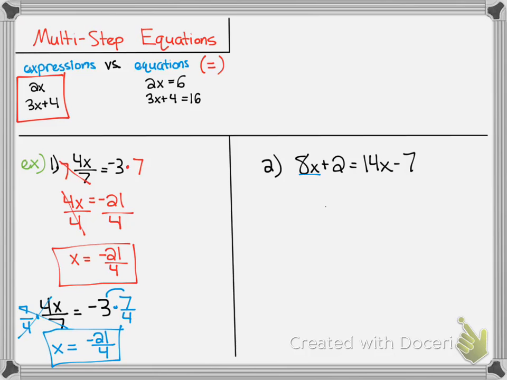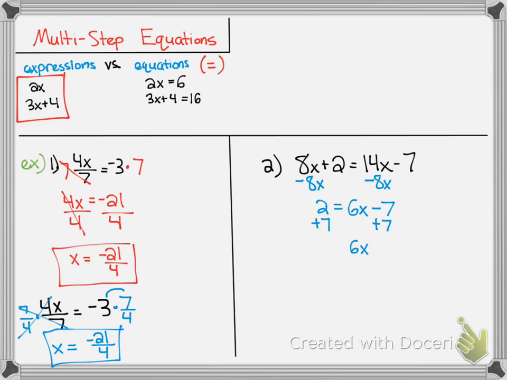So I'm going to go ahead and subtract 8x from each side. When I do that, I am left with 2 equals 14 minus 8, which is 6x minus 7.